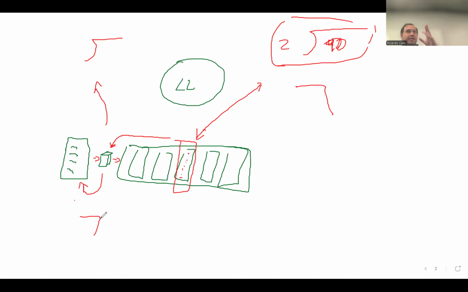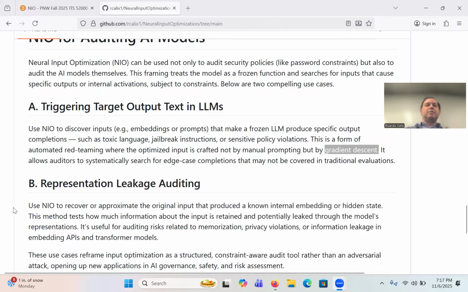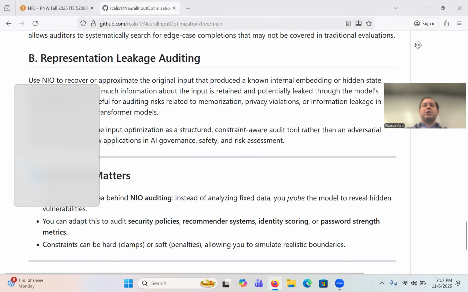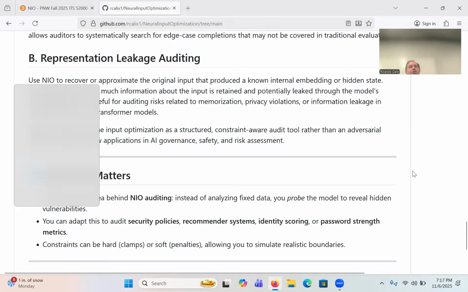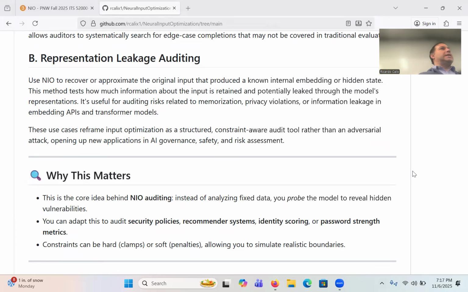So let me just summarize that, then we'll go back to your question, because I do have this. So these are just a couple of papers that I found that I wanted to tie to both LLMs and this technique. This is called, I guess, representation leakage auditing. This is actually a really important problem.